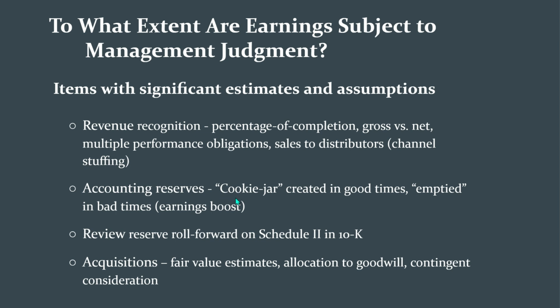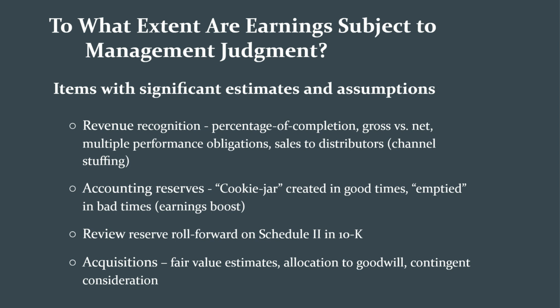Accounting reserves. Companies can create a cookie jar using accounting reserves, which they can then empty, quote unquote, in bad times to boost earnings. Accounting reserves are reserves that are set aside for when things go bad. For example, a bad debt allowance could be set aside for customers that don't pay in the future.